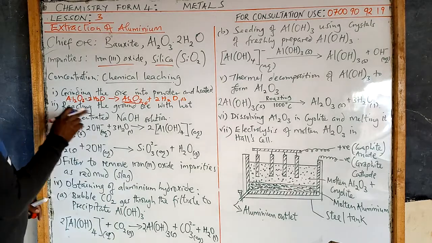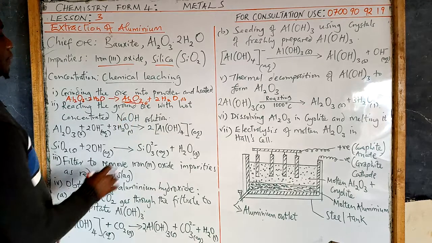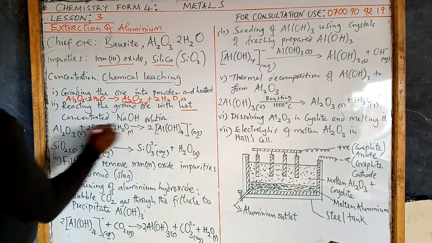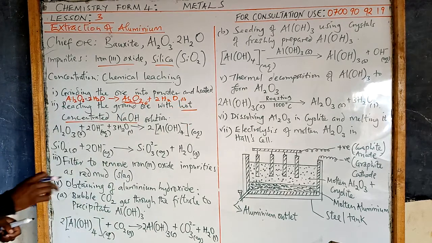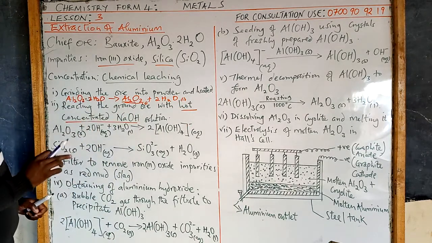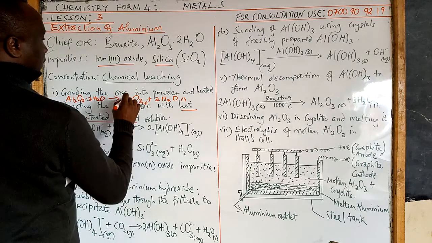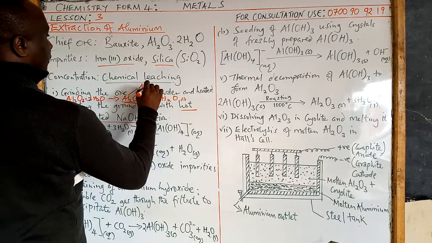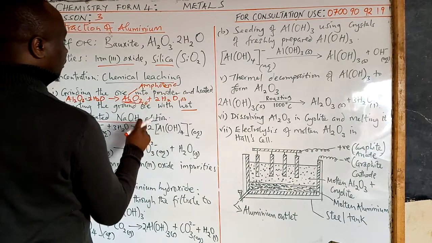And this will involve reacting the ground ore, the aluminium oxide, with hot concentrated sodium hydroxide solution. Because this aluminium oxide is amphoteric, it can react with sodium hydroxide.